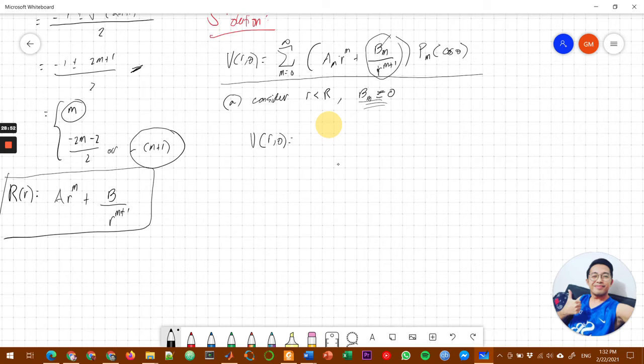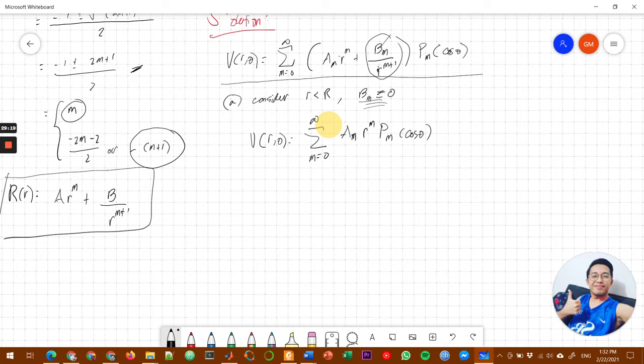We have this one. So you're only left with this constant A sub m, r to the m, and then the angular part, P sub m of cosine theta.